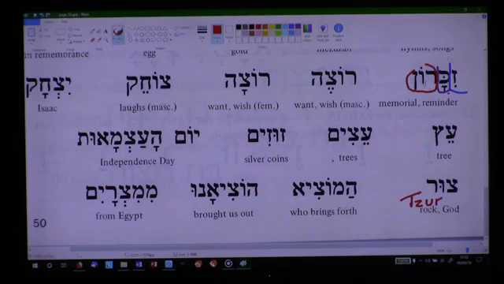So that is the next word. The ha just means the. And we got a mo, and we have a tsi. Motzi.